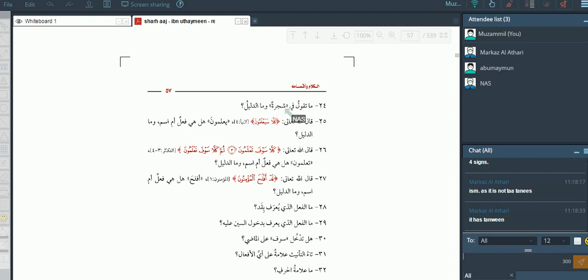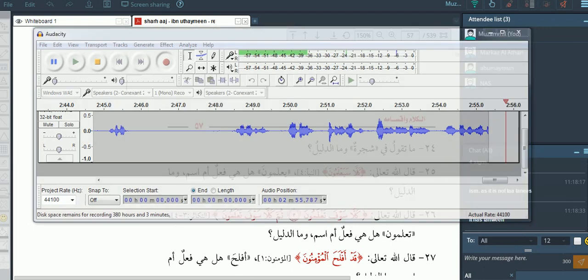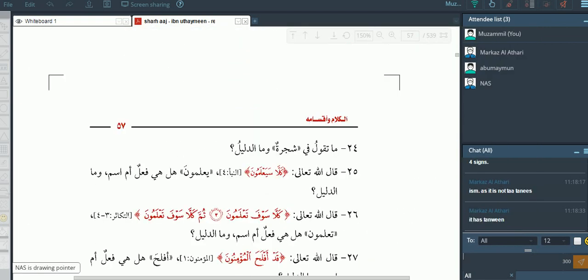Jayyid. It's ism. It has tanween. Actually, that's your answer. Rather than saying what it doesn't have, say what it does have. It has tanween, shajaratun. So this is an ism.